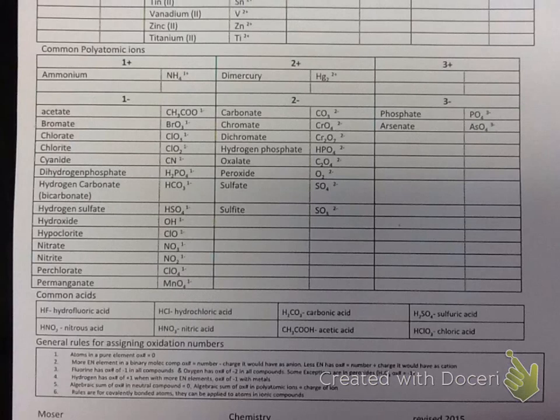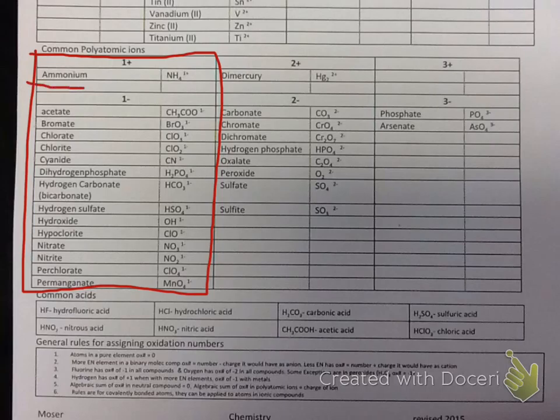You'll notice that the columns are kind of broken down. I'm going to divide these out for you. So this is all things that have a charge of 1. And up in the top part, you have all of the commonly used polyatomic ions that have a charge of +1. There's only one of them.